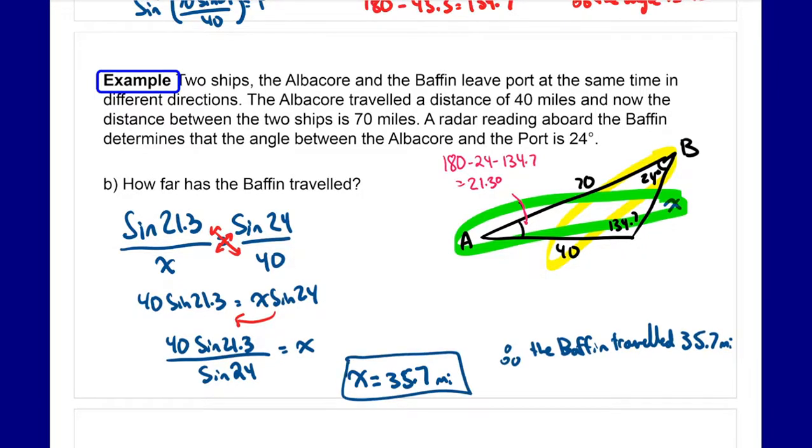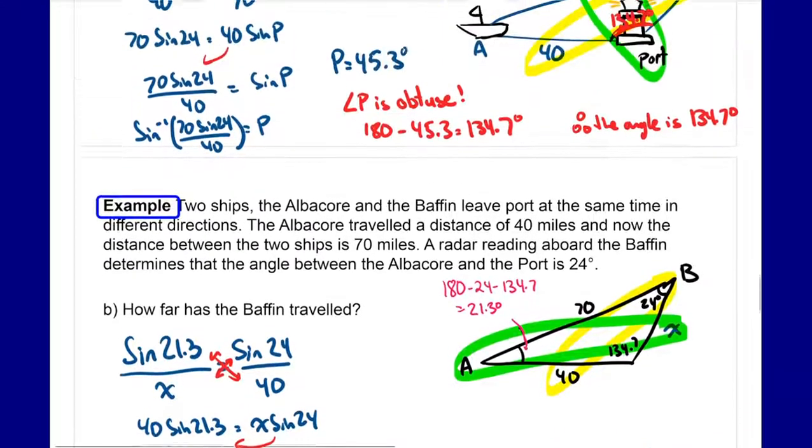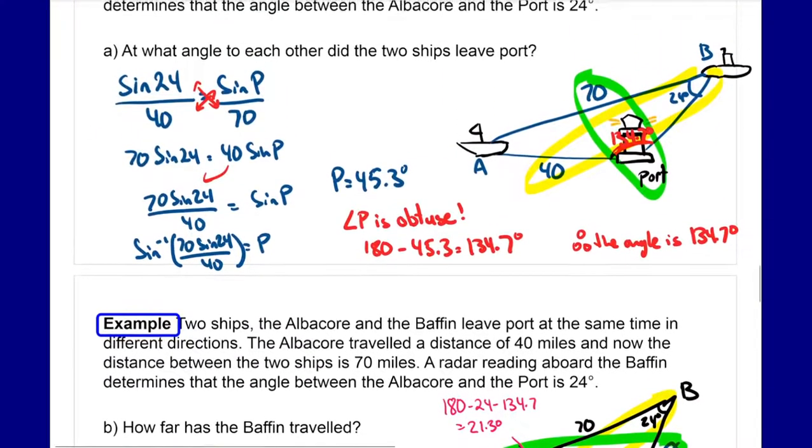So again, just an example of finding a side length. We've looked at examples of finding angles as well. You just want to make sure that if you have an obtuse angle, you are aware that it is obtuse. And if your angle does not show that, chances are you probably have to subtract it from 180.